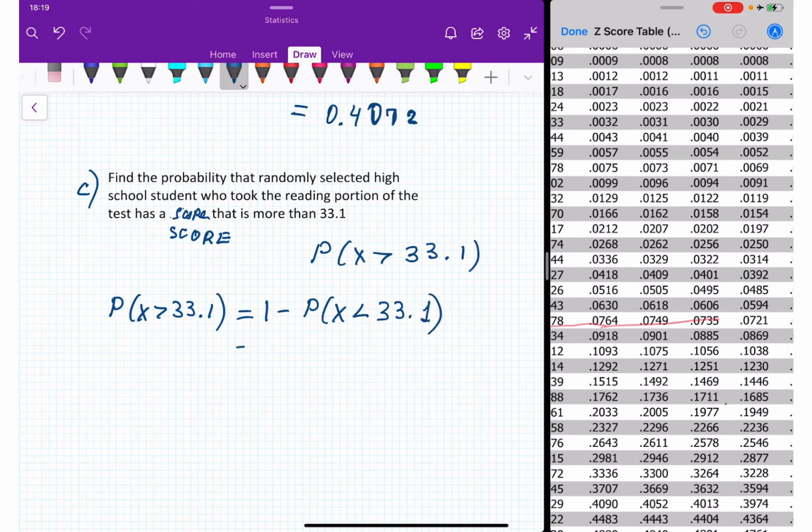Let's go step by step. First we need to find the probability for x that is less than 33.1.